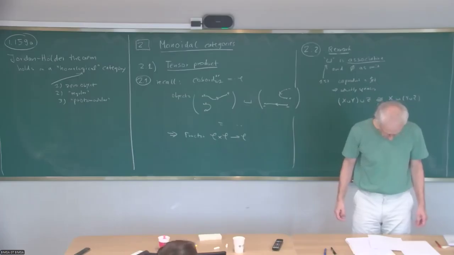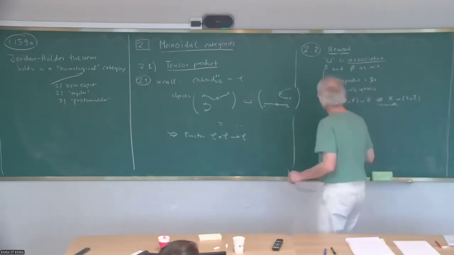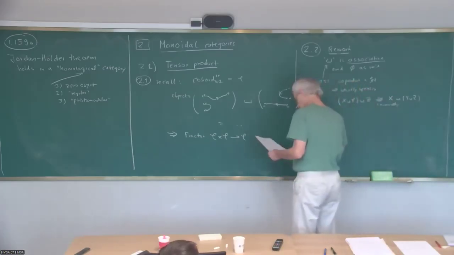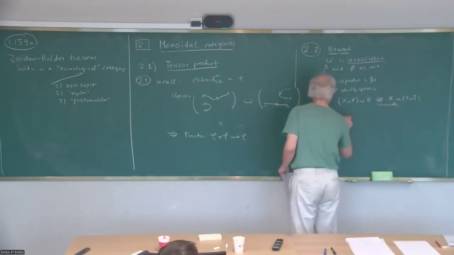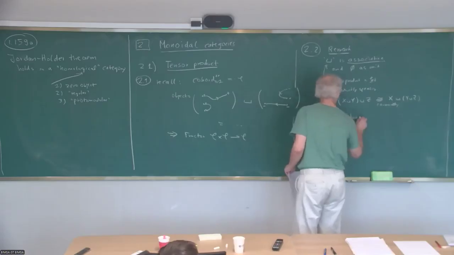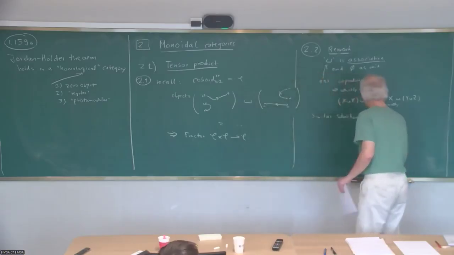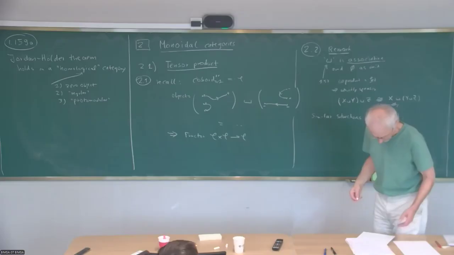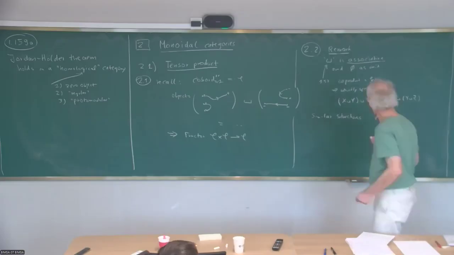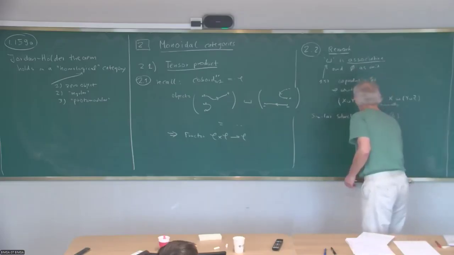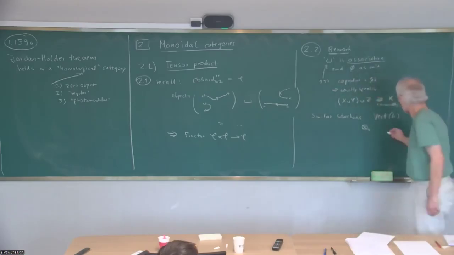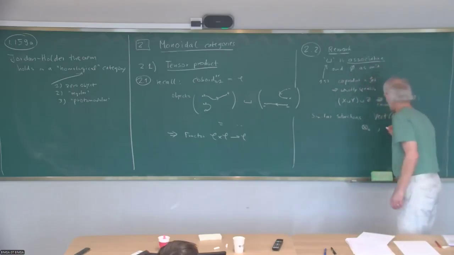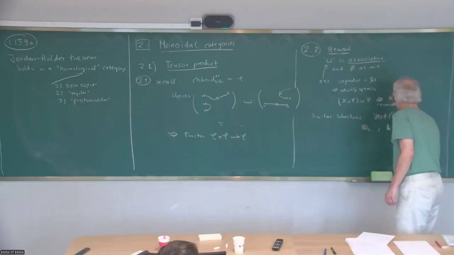And similar structures you have for the category of vector spaces. Then you have a tensor product over the underlying field, and you have the field itself as a unit.